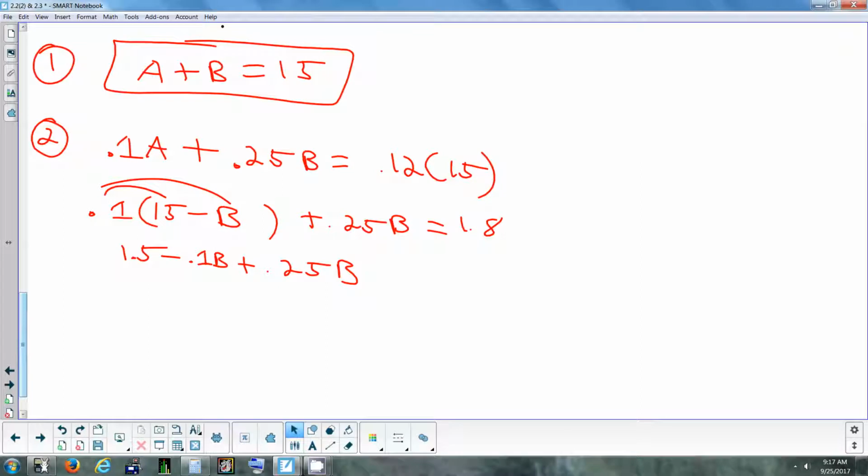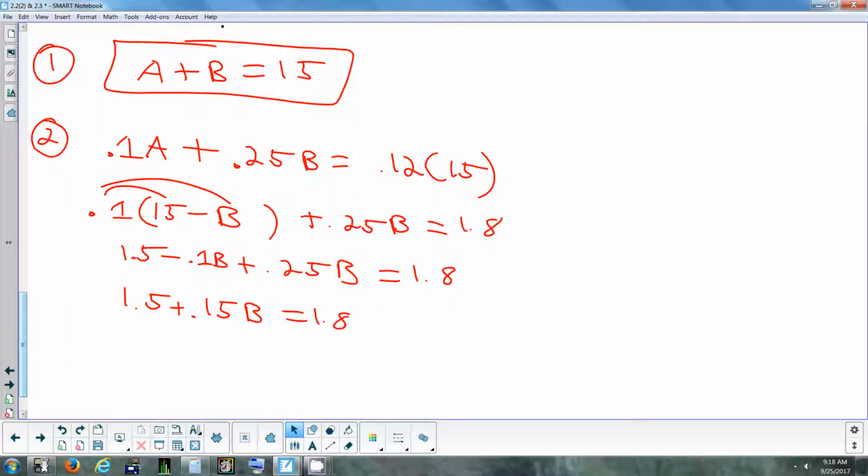Make sure you distribute to both. Plus 0.25b equals 1.8. Tessa, what's negative 0.1b plus 0.25b? How much? 0.15. Yeah, 0.15b. And is that a positive or negative? Positive. So positive 0.15b equals 1.8.